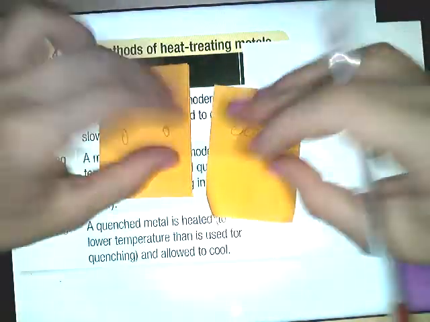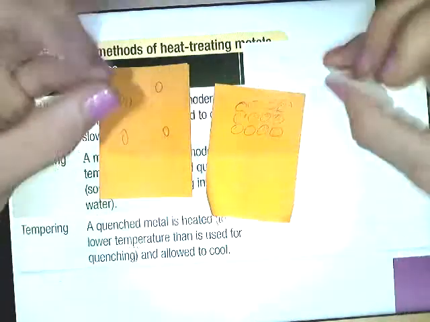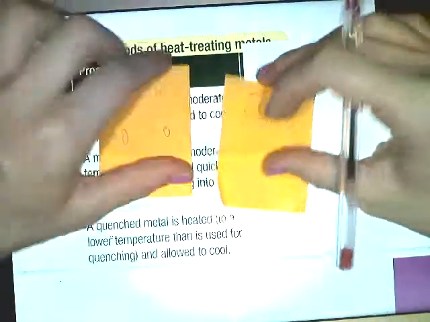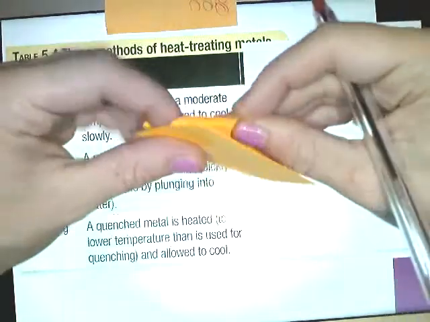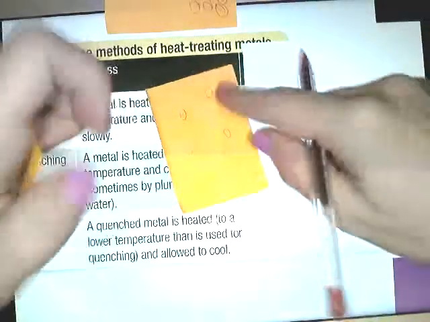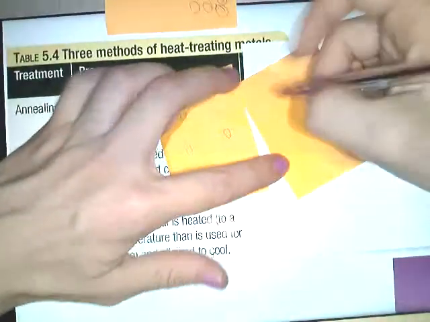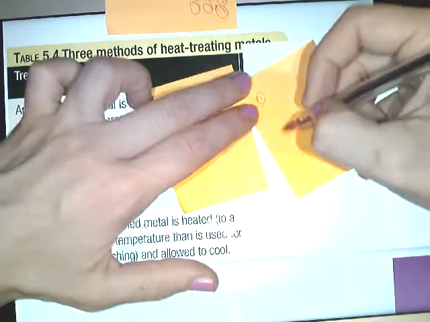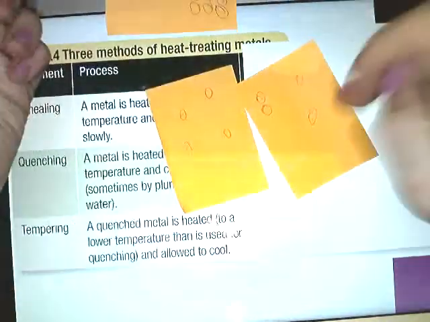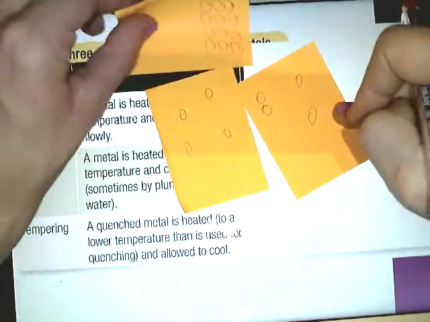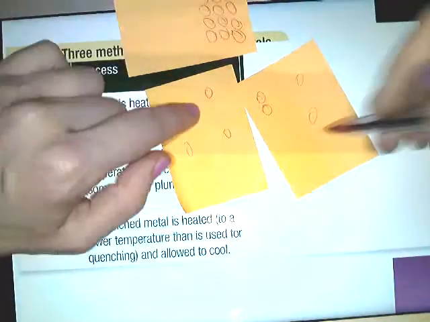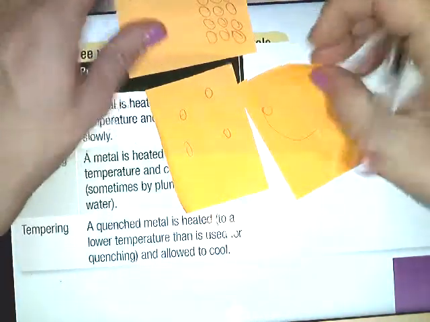If we allow it to cool slowly, they have a longer time to come together. Whereas with quenching, they're pulled apart, but because we cool it so quickly, they have less time to come together, resulting in smaller crystals.